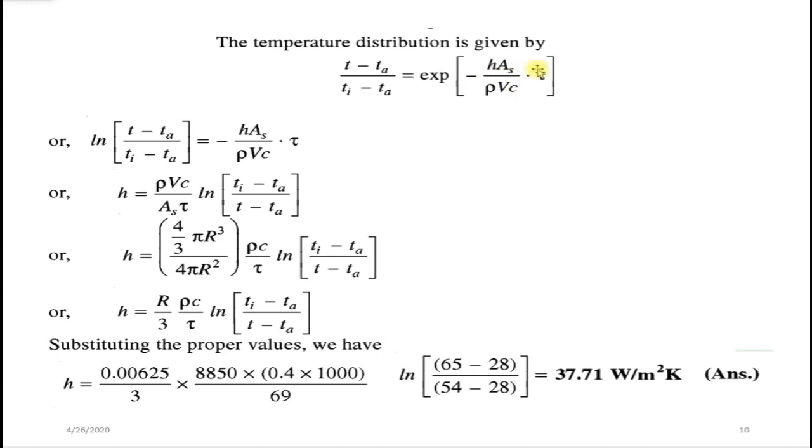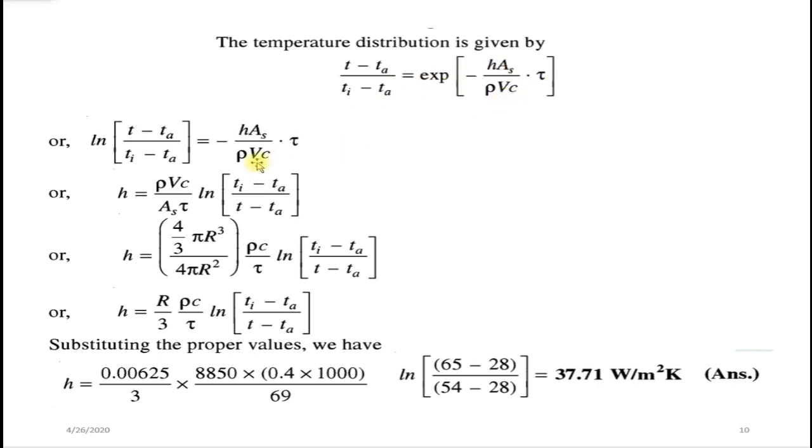Only the unknown is h. To simplify, in this step itself they have taken ln in order to remove the e power. So if you take ln on both sides, ln of (T minus TA) divided by (Ti minus TA) is equal to minus h into area divided by rho into V into C into time.